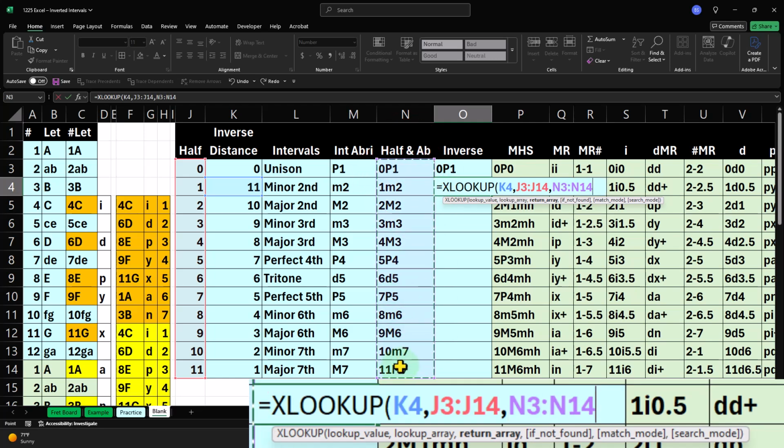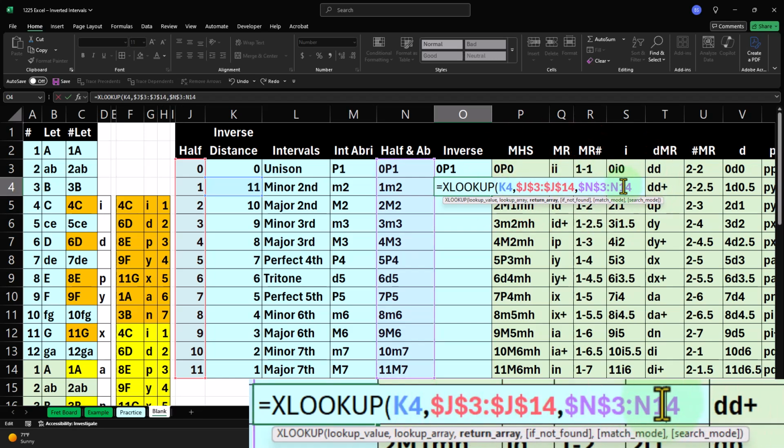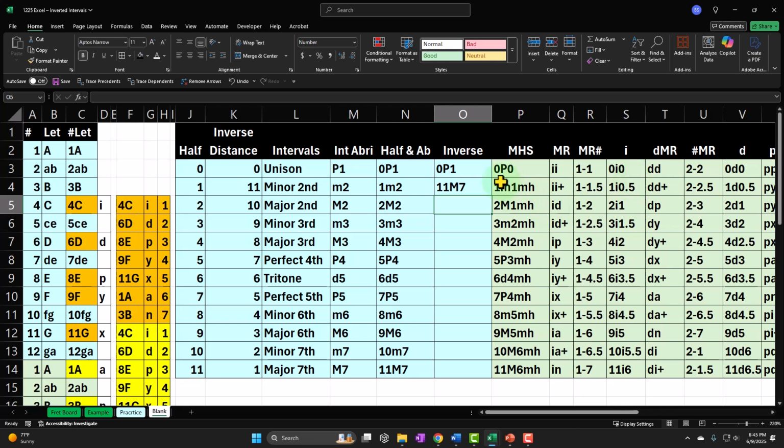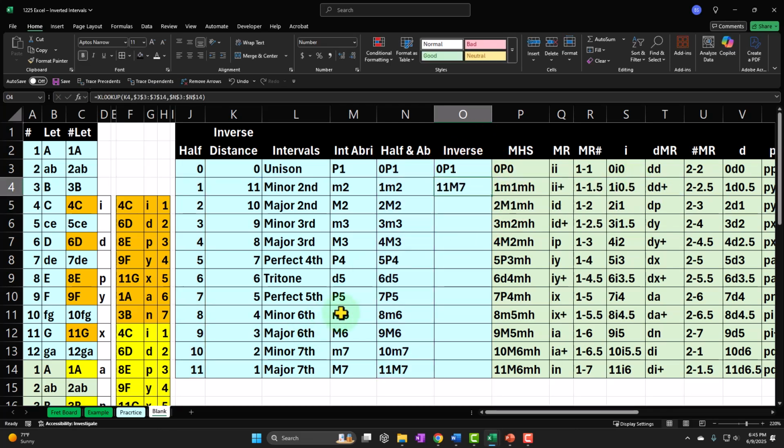And then I'm going to make this F4 absolute, so $ before all the letters and numbers, so I can copy it down. This one is not absolute. Enter, and so there it is. So now it's pulling this one and saying it's an 11 note away major 7.